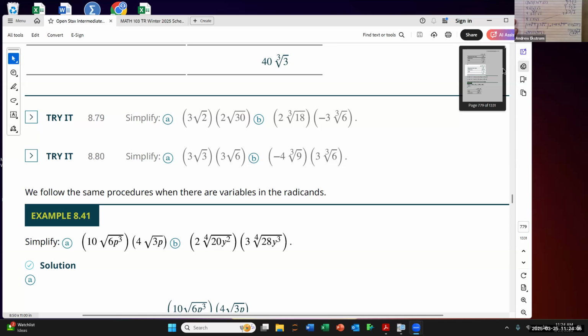Cubed root of 3 cubed times 2. So this becomes -12 times 3 times the cubed root of 2. So it's the exact same thing.